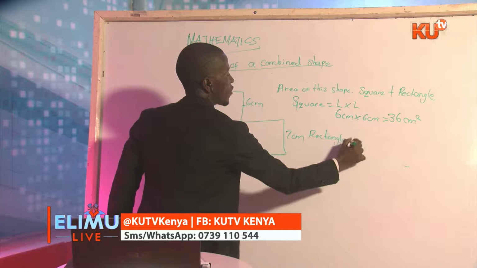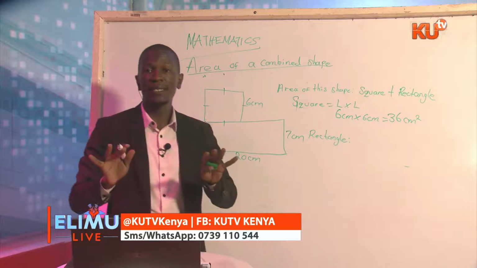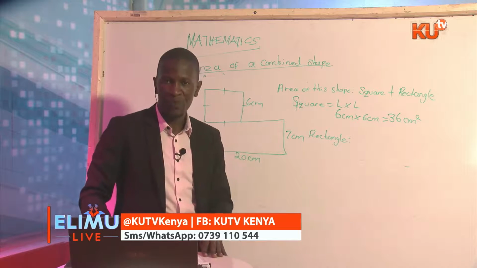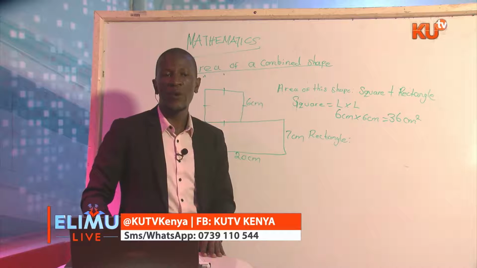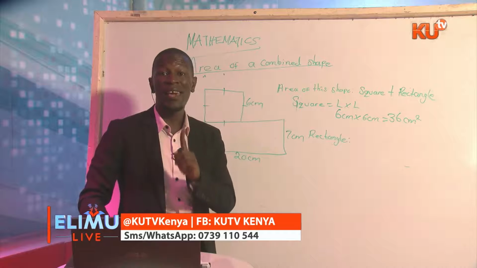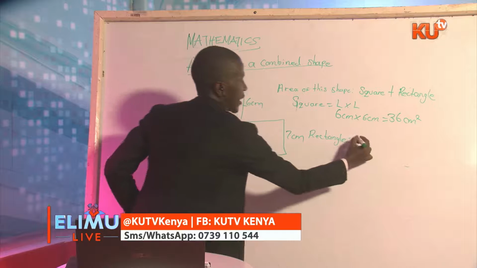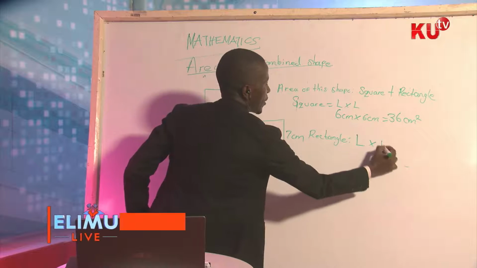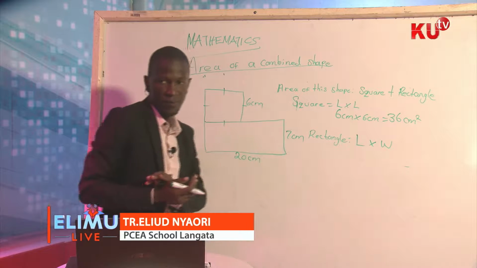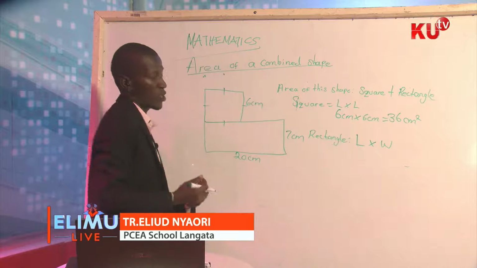I've said in order to find the area of the rectangle or any shape, you must start by noting down the formula. So how do we get the area of the rectangle? Area of a rectangle is equal to length times width, which we write in short as L times W. This one is length, this is width. Having put that down, we now substitute.